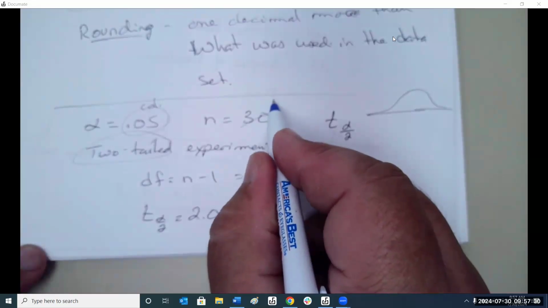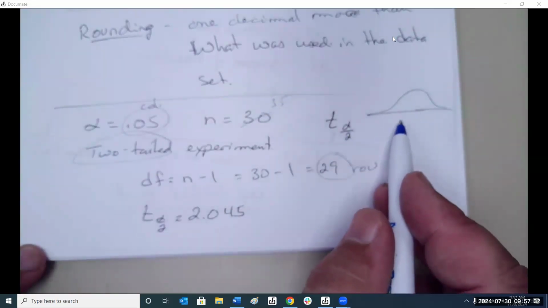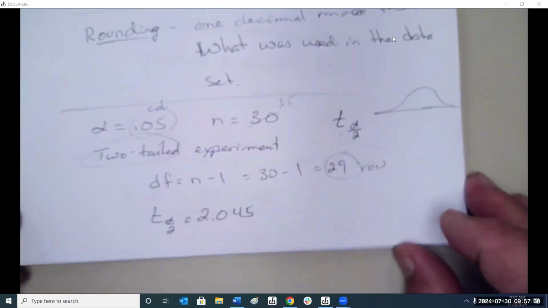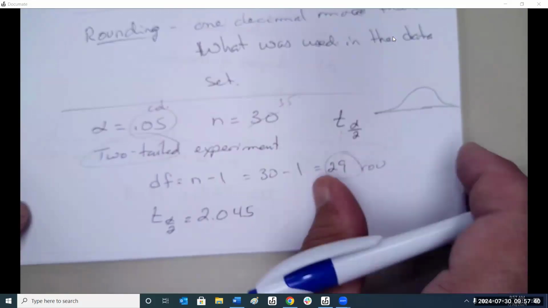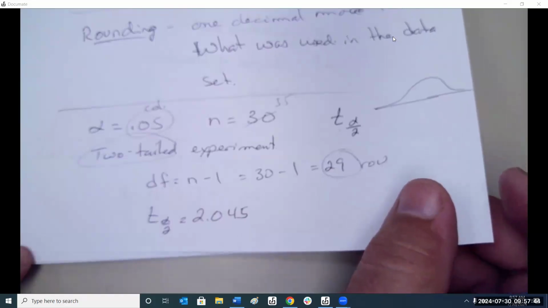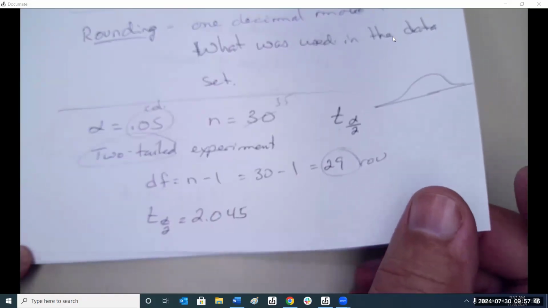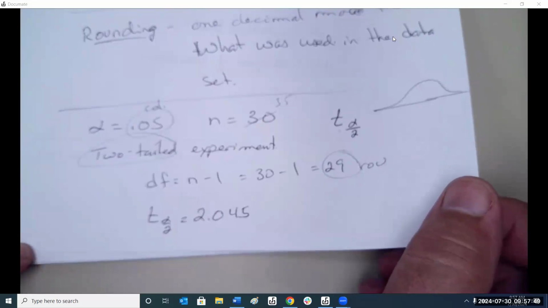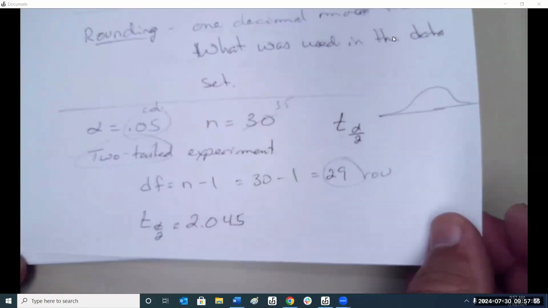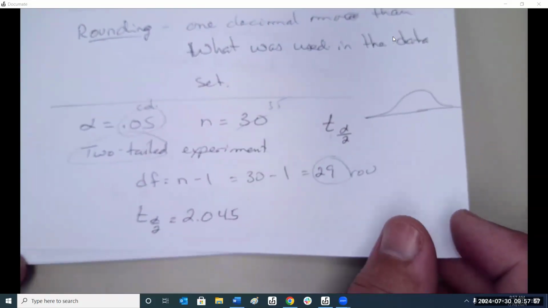If we had 35, then it wouldn't matter. But anything 30 or less, we have to make sure we have a normally distributed curve. So if we have anything less than 30, like a sample size of 5, 7, or 10, then we have to know for sure that it's normally distributed.